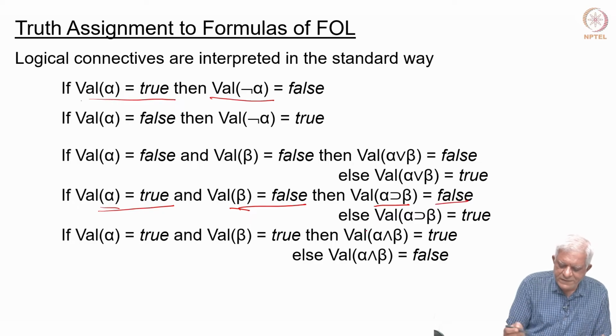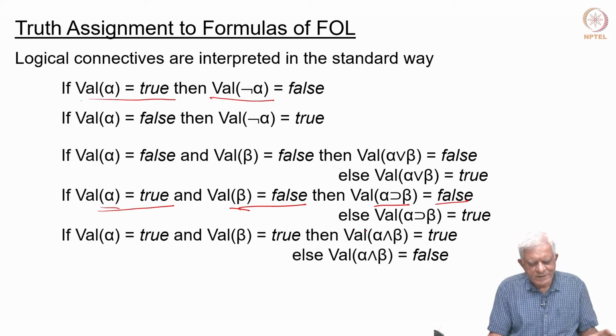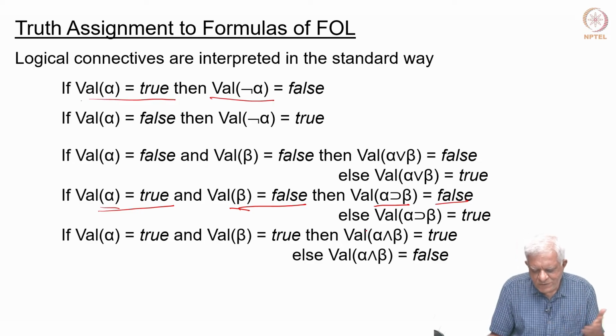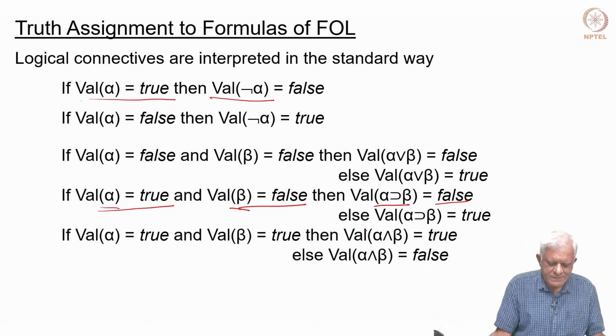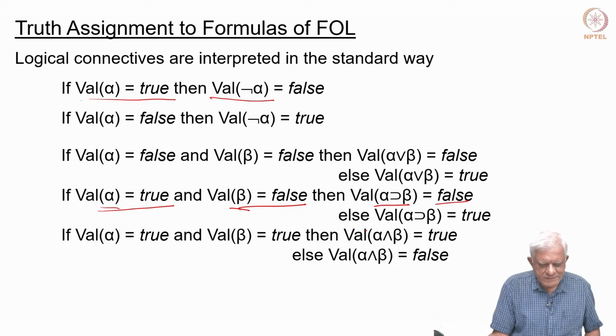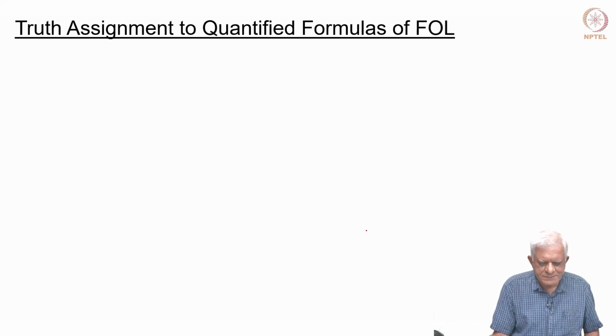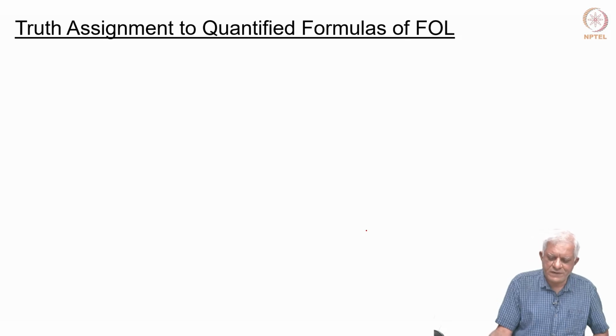In any other case, it is true essentially. So, that is a short way of describing the truth table for implies essentially. So, we can define the truth assignment essentially using the truth table. Now, we come to quantified formulas.